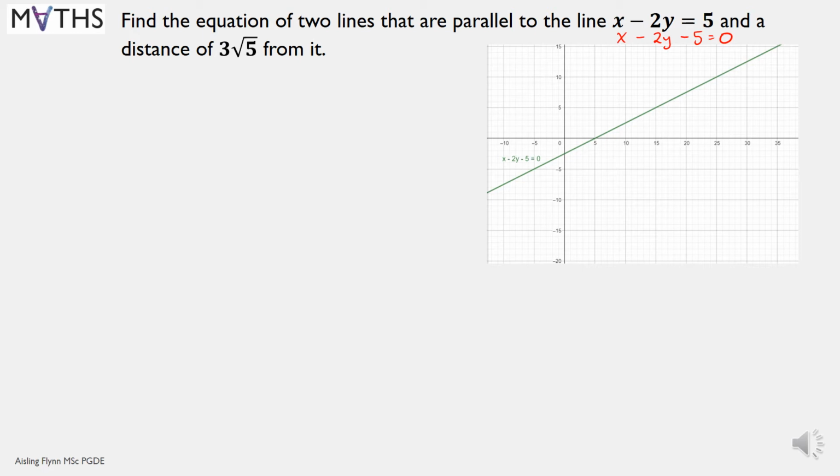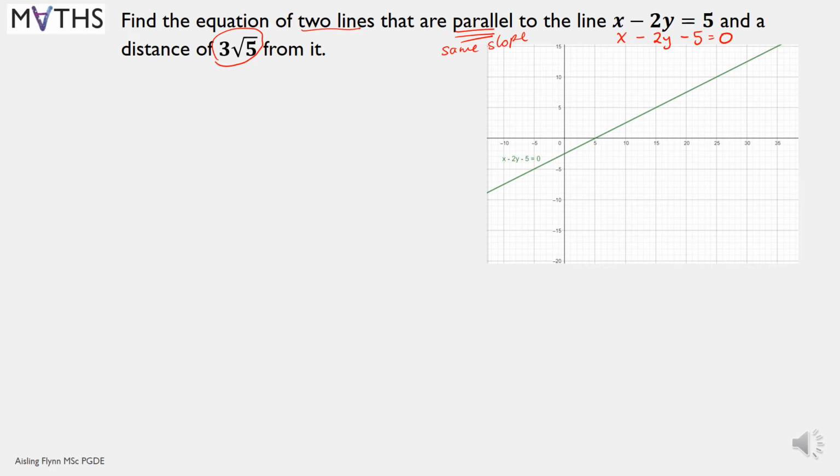It's always useful to sketch to try and picture what you're aiming towards. So it says find the equation of two lines that are parallel. Parallel means the same slope, and a distance of 3 root 5 from it. 3 root 5 in decimal is almost 7 units away from it.